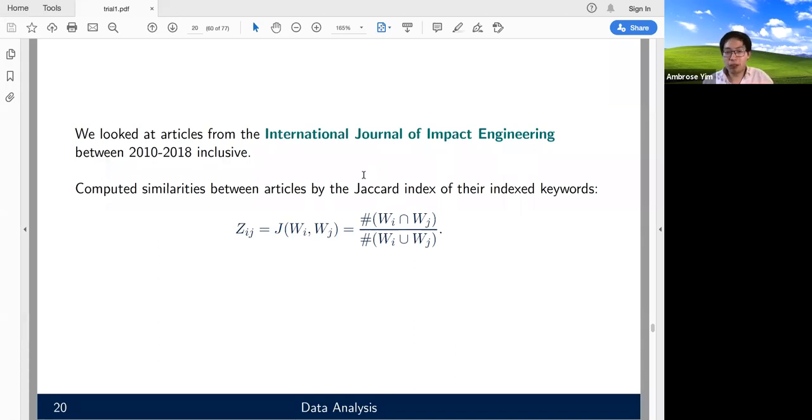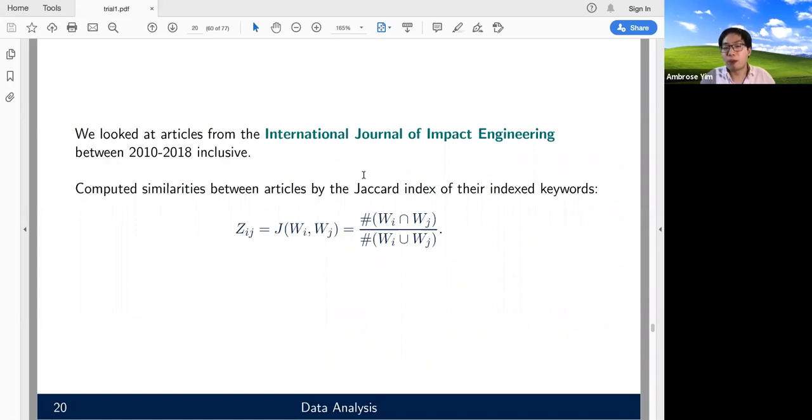Here, as a proof of concept, we use the dumbest similarity you could compute: you look at the index keywords of each article, compute how many keywords two articles share, and divide by the total number of keywords across these two articles, and that gives you a similarity.